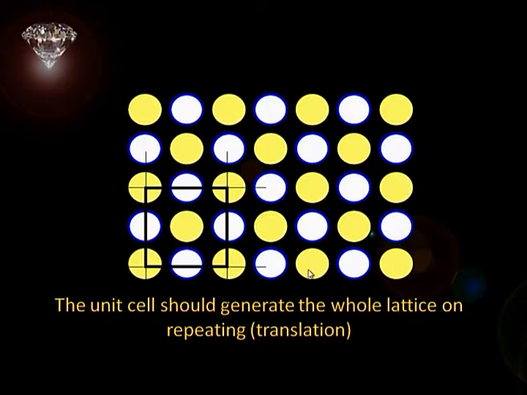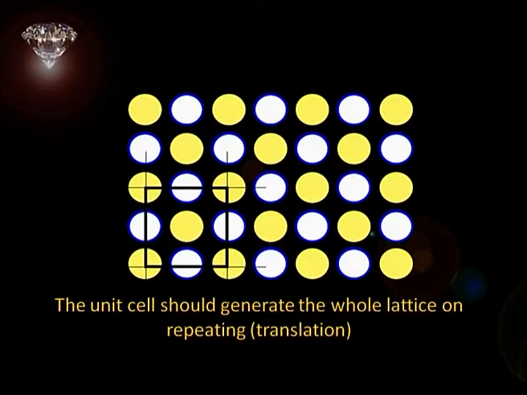If I take this black square and keep moving in this direction or in the upward direction, I will be able to generate the whole lattice. That means a unit cell should be able to generate the whole lattice on repeating, that is, on translating it in the 2 dimensions in this case.